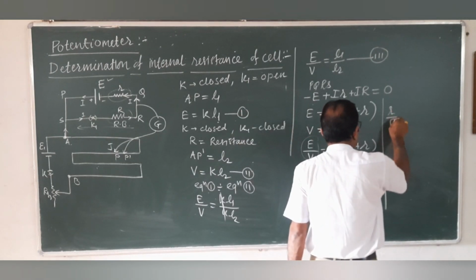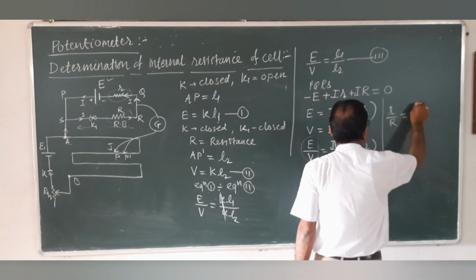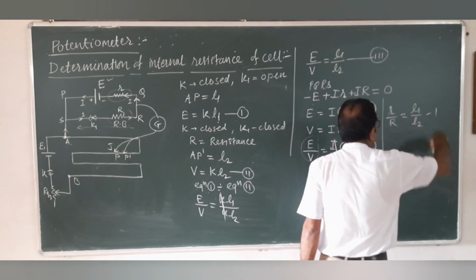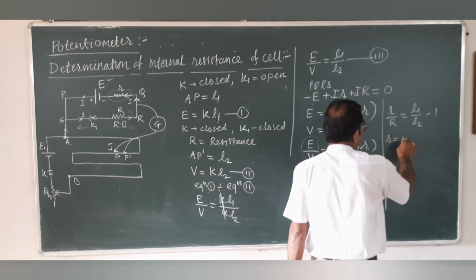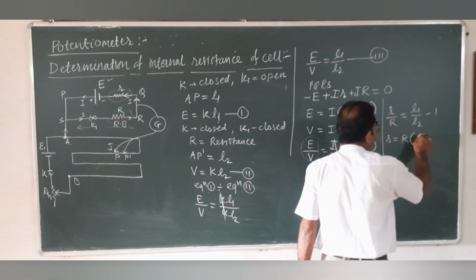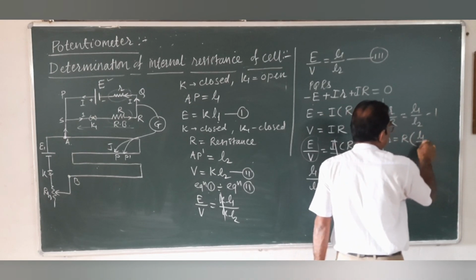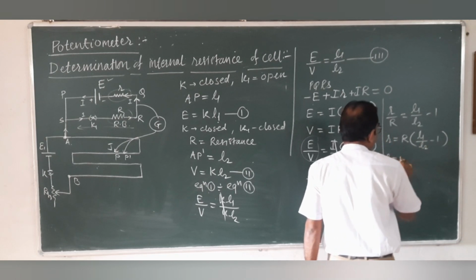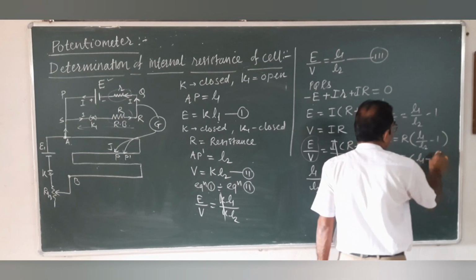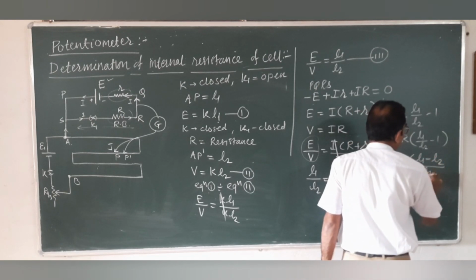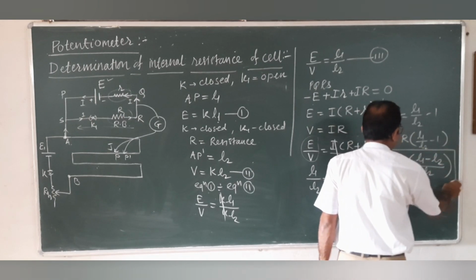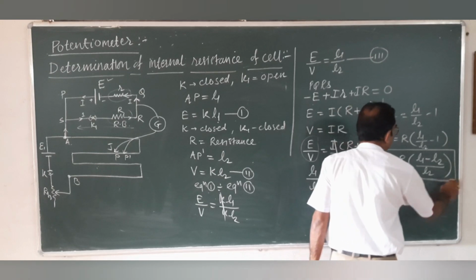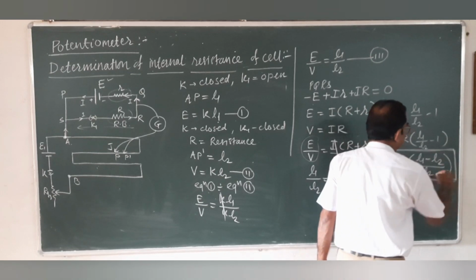small r upon R is equal to L1 by L2 minus 1. So therefore small r equal to R into (L1 by L2 minus 1), that is r equal to R(L1 minus L2) upon L2, and by using this formula we can determine the internal resistance of the cell.